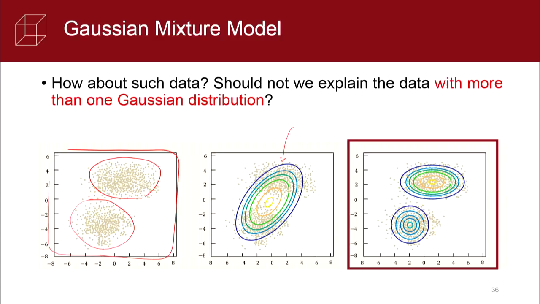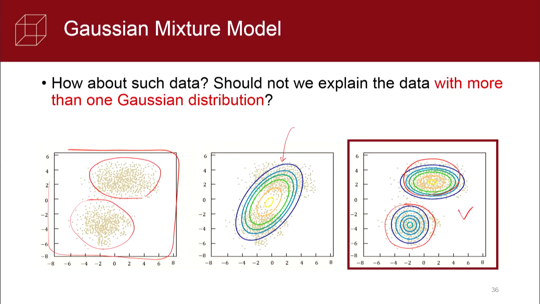So, how can we explain the data with more than one Gaussian distribution? Like this: one Gaussian distribution for this part, and another Gaussian distribution for this part.